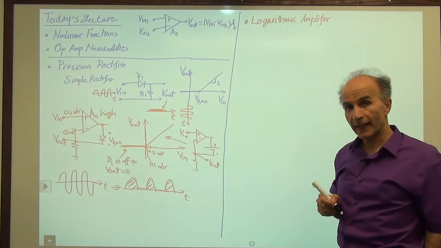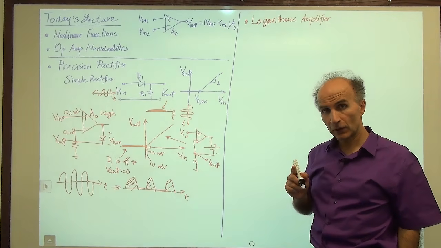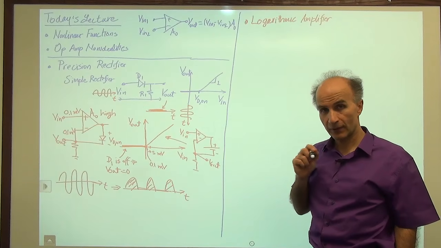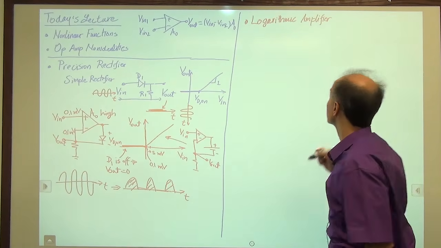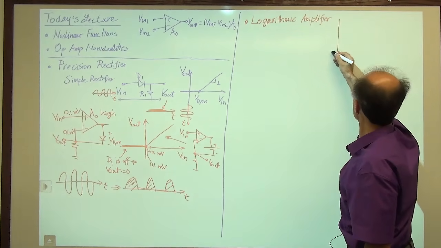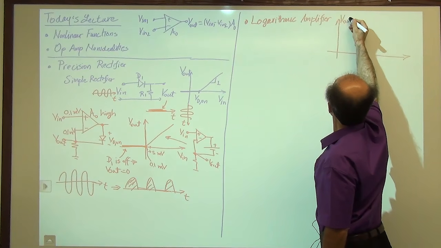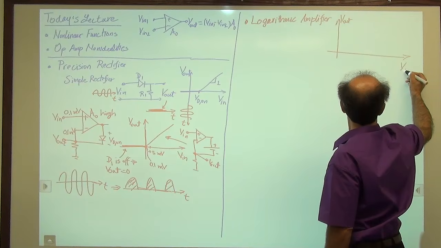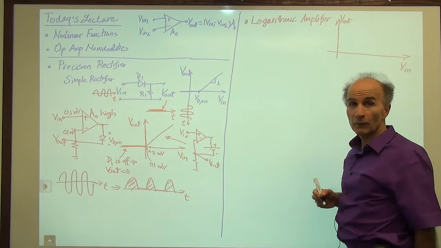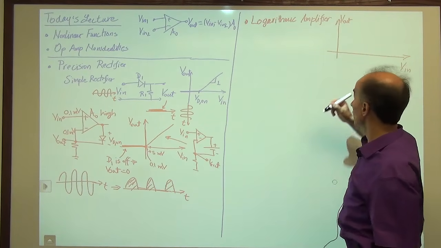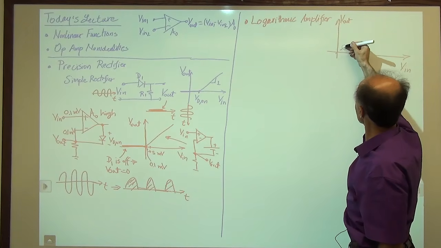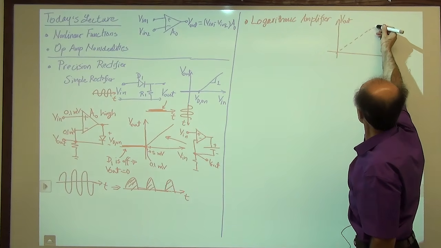Well, what this means is that if we plot the input-output characteristic of this amplifier, so if we plot V out as a function of V in, for a conventional amplifier, it would be ideally like this. It's a straight line.